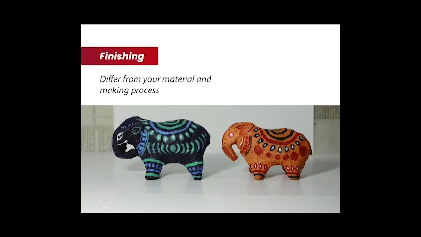Next is finishing. The finishing is totally based on your concept, your style, your chosen material, and the making process. So here I am creating a traditional toy using paper pulp, which you saw in my presentation. First, I collect waste papers and then soak all this paper for 4 to 5 days.